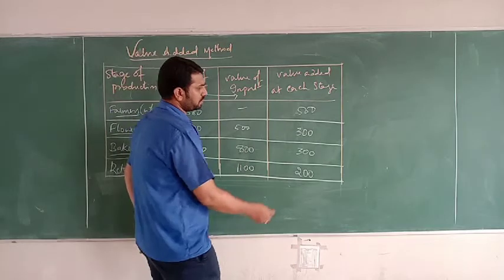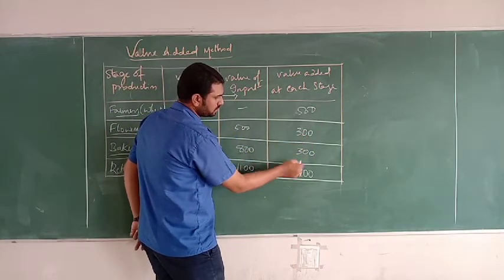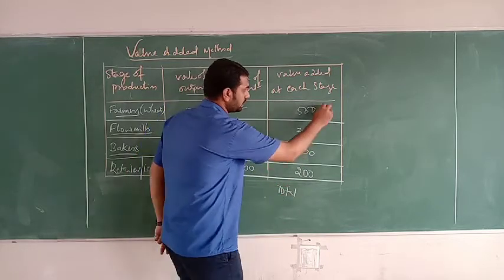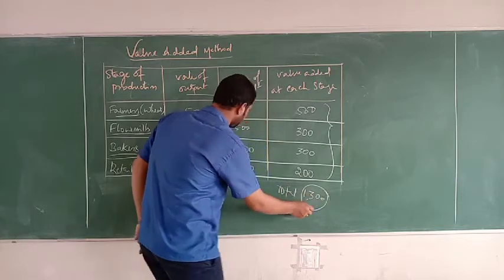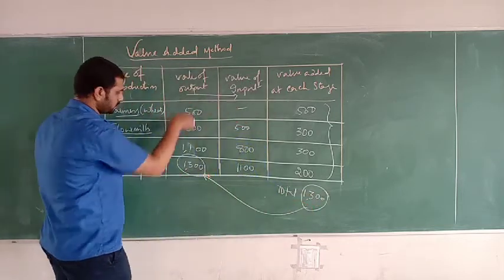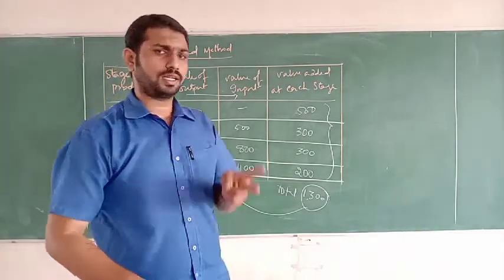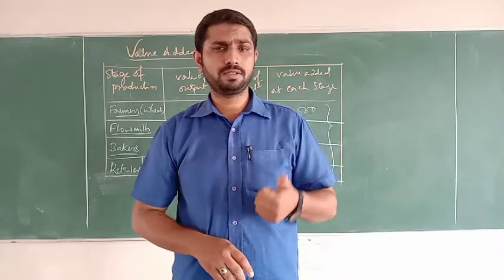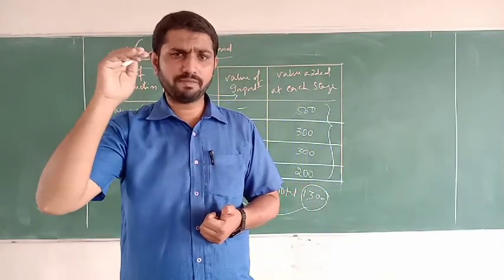Here, 500 plus 300, then 300, then 200, the total amount added at each stage is rupees 1300, and 1300 is the output from the retailers. It means there are two methods of the product method. The first method is called the final value or final goods method.